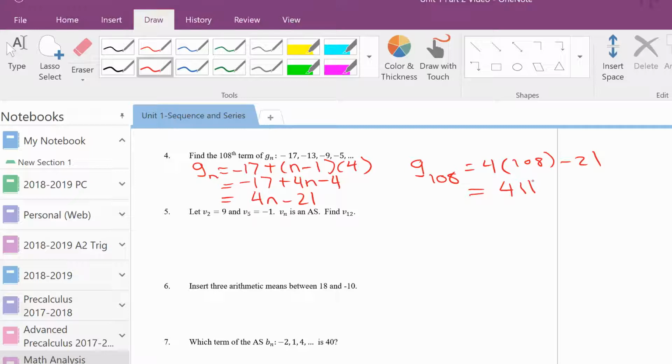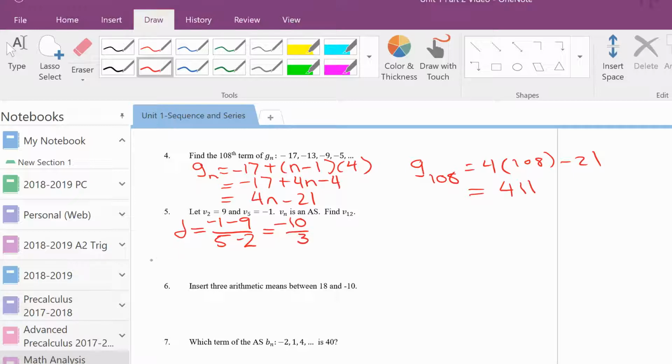as our 108th term. All right, number 5, it gives us the second term and the 5th term of the arithmetic sequence, and we want to find the 12th term. So first of all, it would help to find the difference. So negative 1 minus 9 over 5 minus 2. Negative 10 over 3 is the difference.